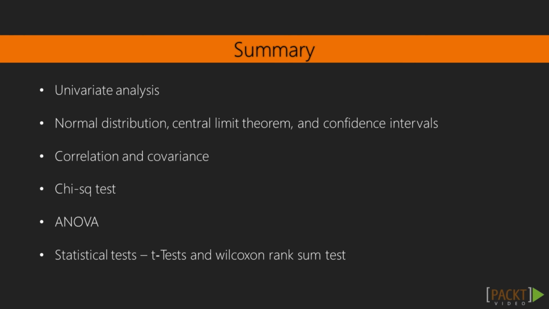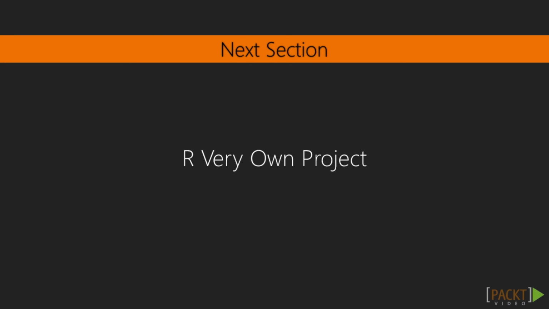Then we moved on to bivariate analysis, starting with correlation and covariance, and learnt the concept, purpose, and how to do the chi-squared test and ANOVA. Finally, we covered the essential statistical tests such as the t-test and Wilcoxon rank sum test. So, in the next section, we will do a close to real exploratory data analysis project, which will cover several of the concepts you have learned so far in this course.